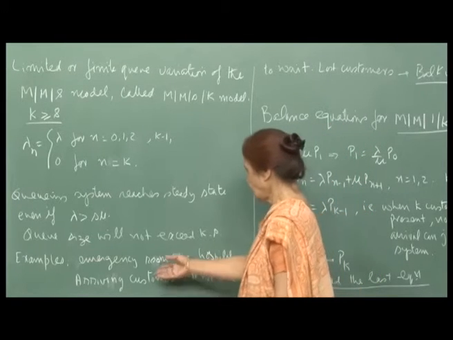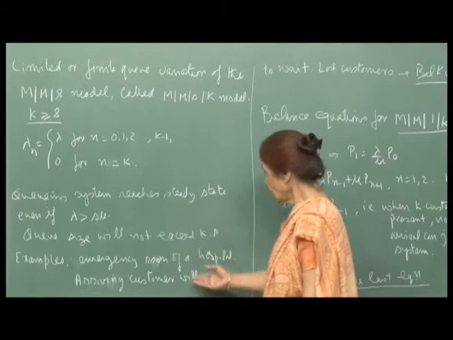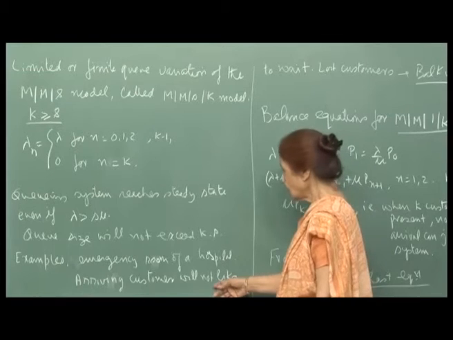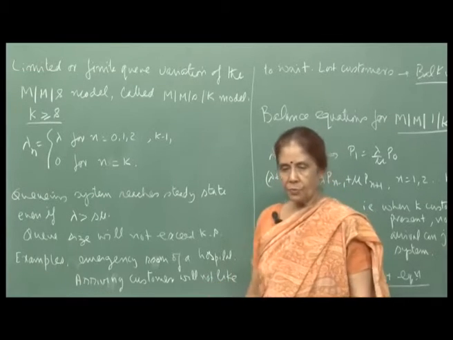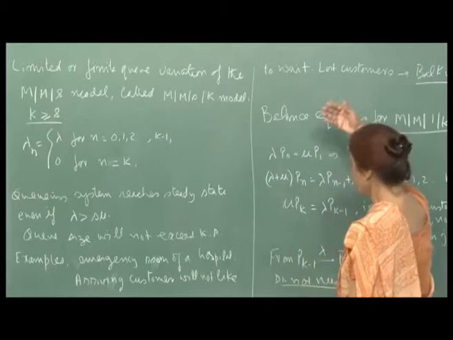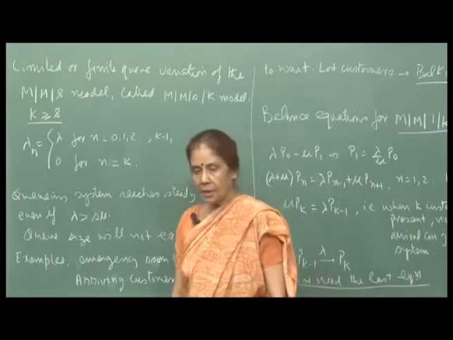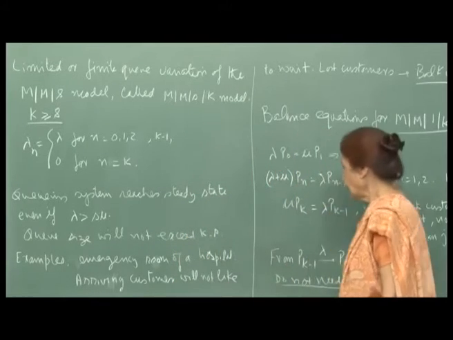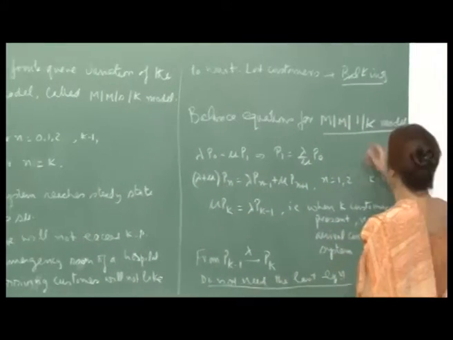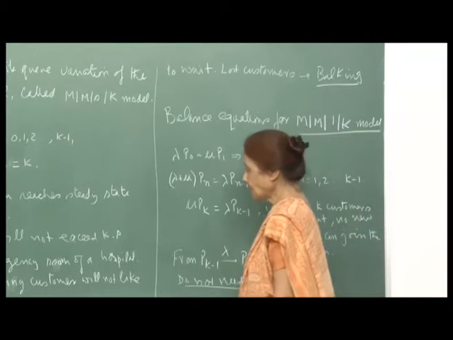Also, as I told you, the example is the emergency room of a hospital. Also, you see there are places where customers are choosy and they would not like to wait, they would not like to enter the system if there are more than k people already. They might consider that k number to be a crowd, and therefore, they would go away. Such a phenomenon is called balking, because you are losing out on customers, since you have limited space.